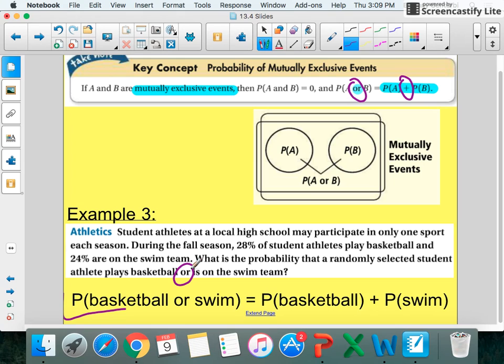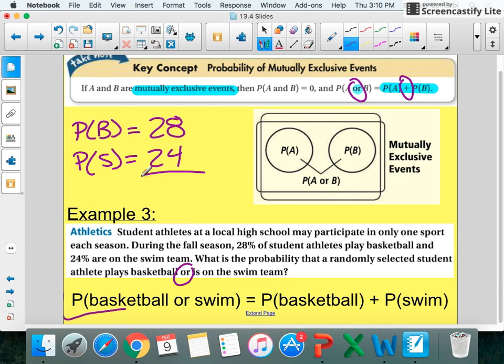So to get the probability of basketball or swimming, we have to add the probability of basketball to the probability of swimming. So our probability of basketball is 28%, and our probability of swimming is 24%. And if we add that together, we get a 52% chance that they play either basketball or that they swim.